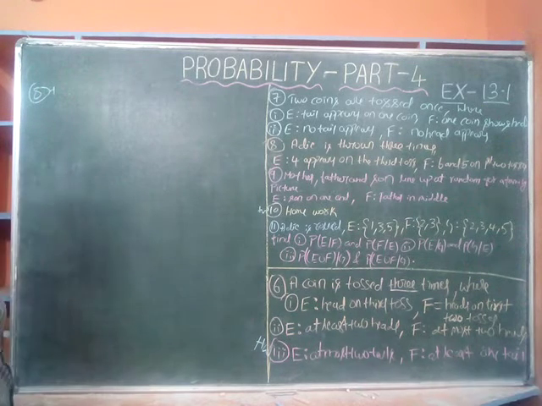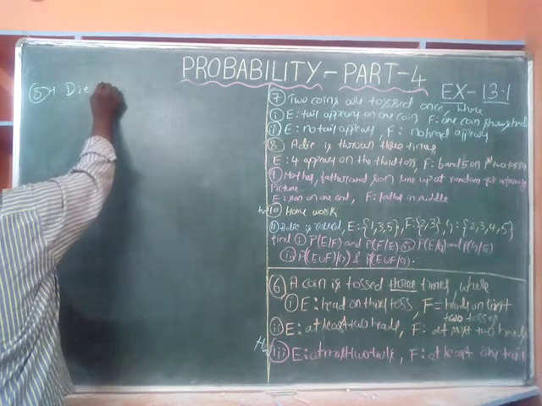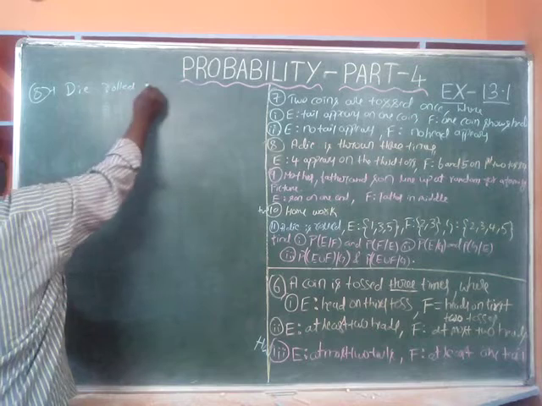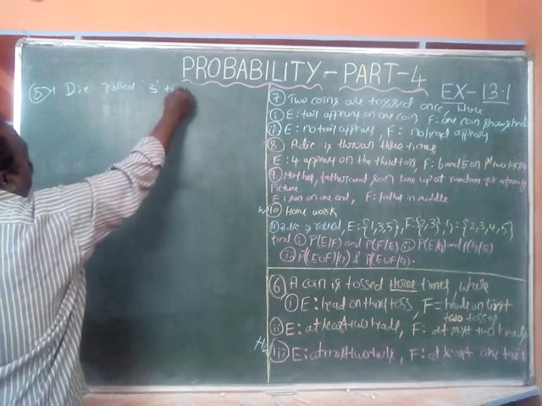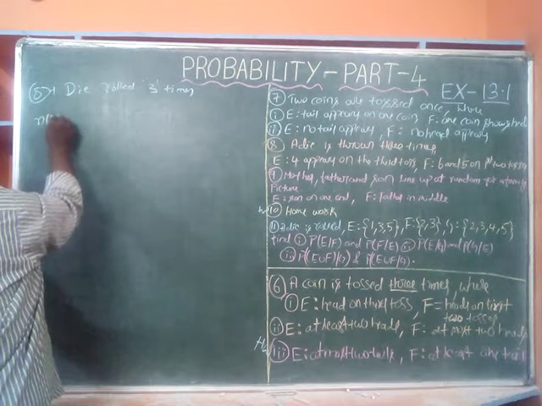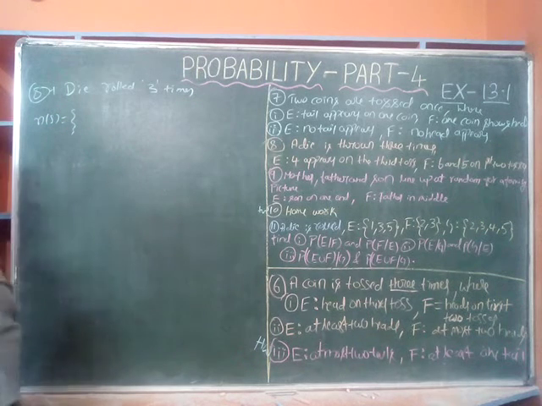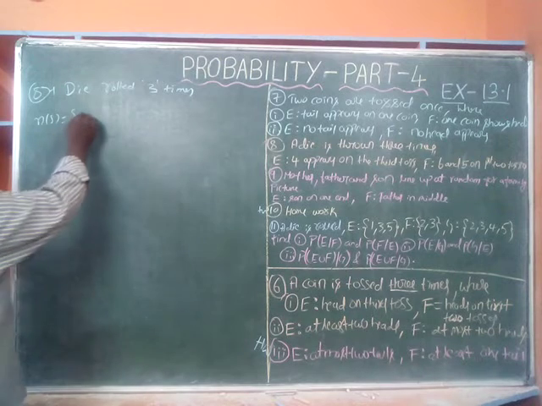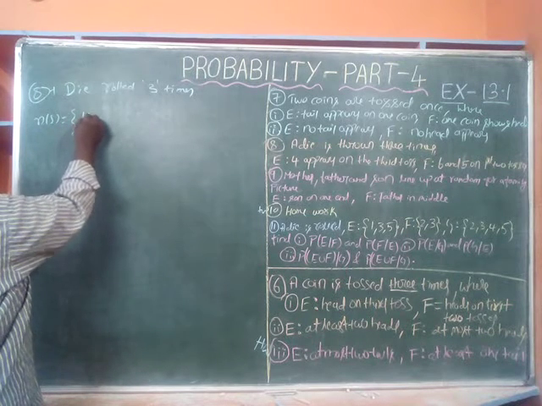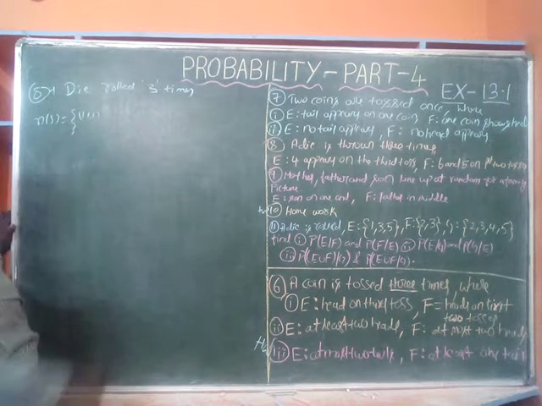A die is thrown 3 times. Die rolled 3 times: first time, second time, third time. Then N of S is equal to... 3 times means it is very difficult. 1, 1, 1.